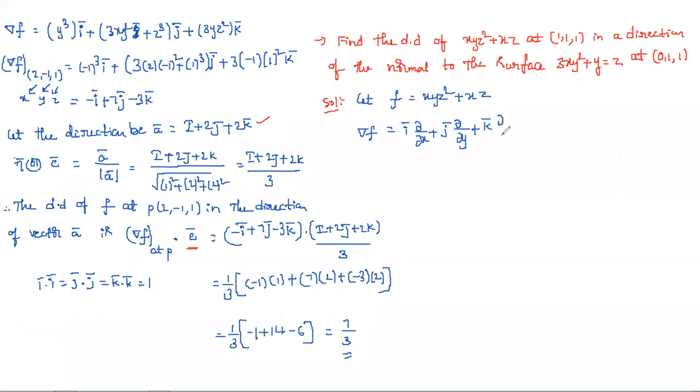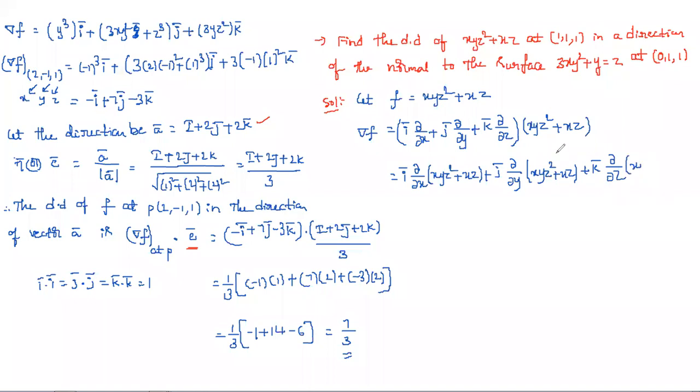So f is nothing but what we gave the name for this one, xyz square plus xz. Now you need to multiply this with each and every term. So i dou by dou x of xyz square plus xz, plus j dou by dou y of xyz square plus xz, and next k dou by dou z of xyz square plus xz.